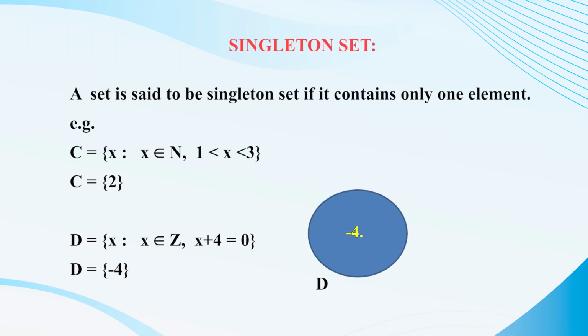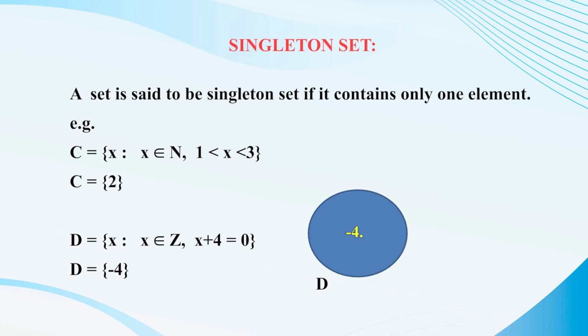It will also be an empty set. If we consider this circle as the set B, then no element will lie in this circle as this is an empty set. Now, the next topic which is lined up is singleton set.